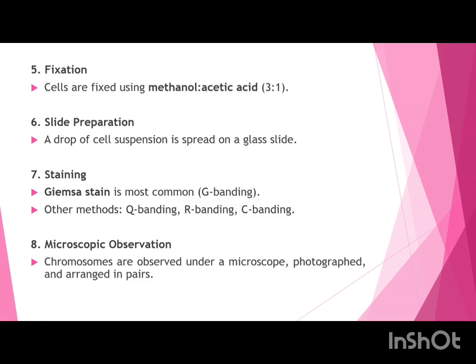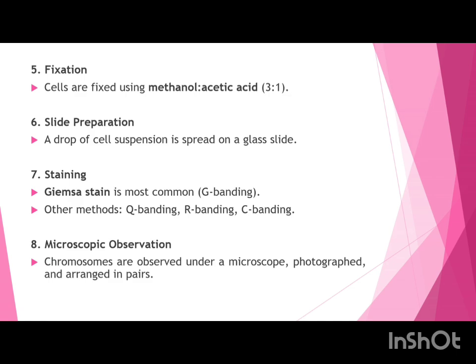Other banding patterns: we have dealt with 6 banding patterns. If you have not seen the videos, you can go through the content and visualize the banding patterns of chromosomes. Any of the banding patterns can be used, whichever you require. If you want to focus on the centromeres, you can go for C banding.